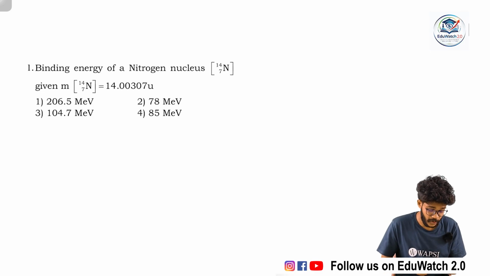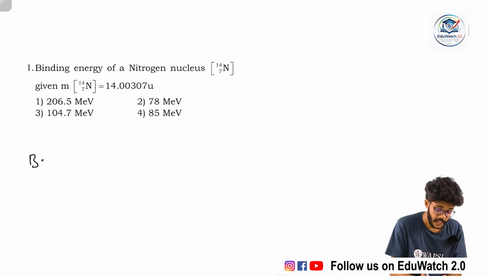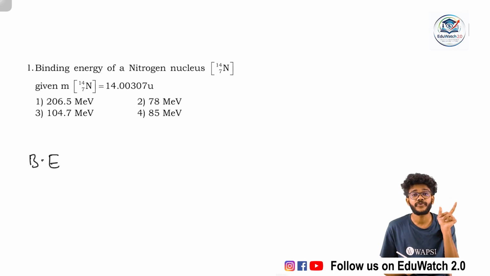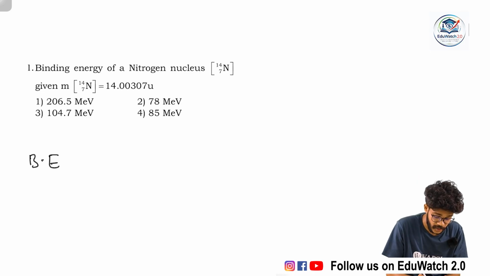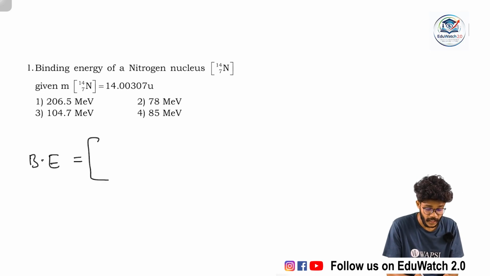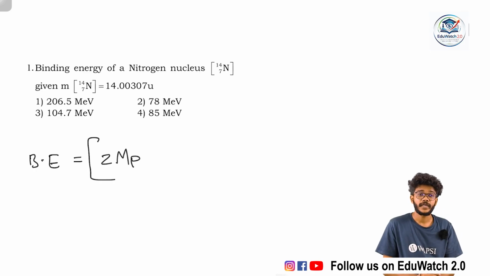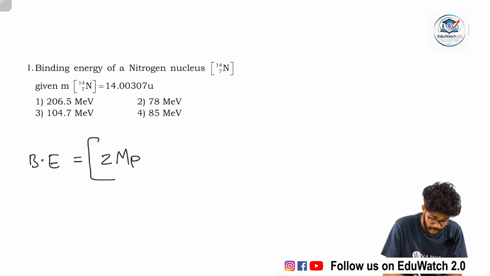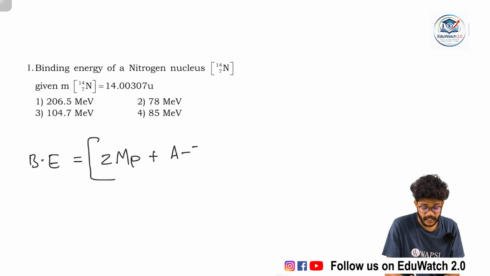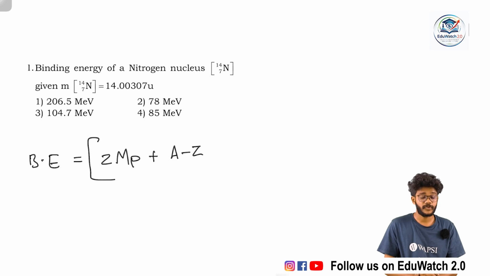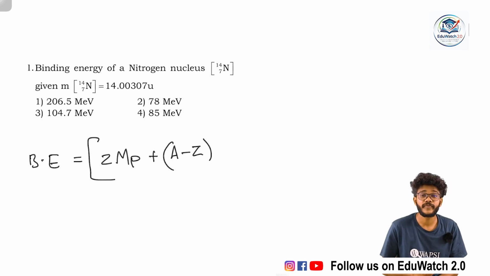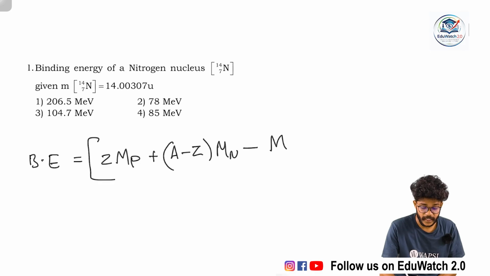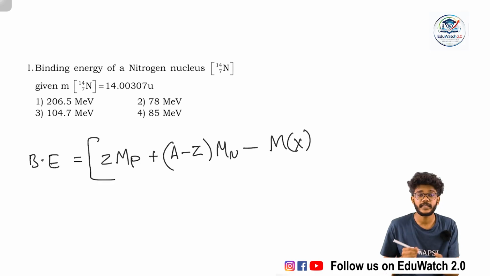I will write the equation for binding energy first, then I will substitute the mass of proton and mass of neutron. So binding energy is given as Z Mp, where Z is the number of protons and Mp is the mass of proton, plus (A minus Z), that is, mass number minus atomic number, which gives the number of neutrons, times the mass of neutron, minus the mass of that element X. Here X is nitrogen.